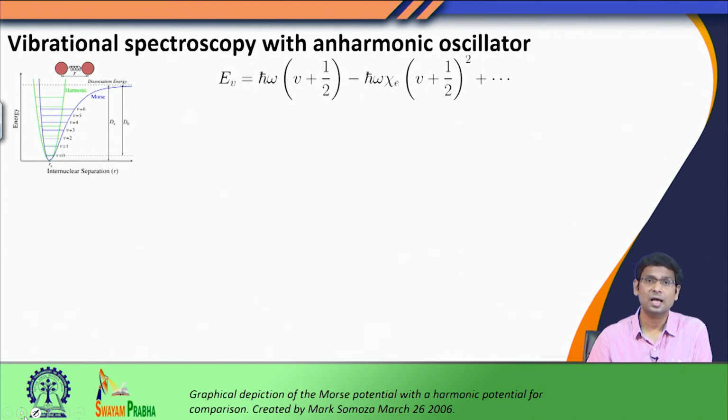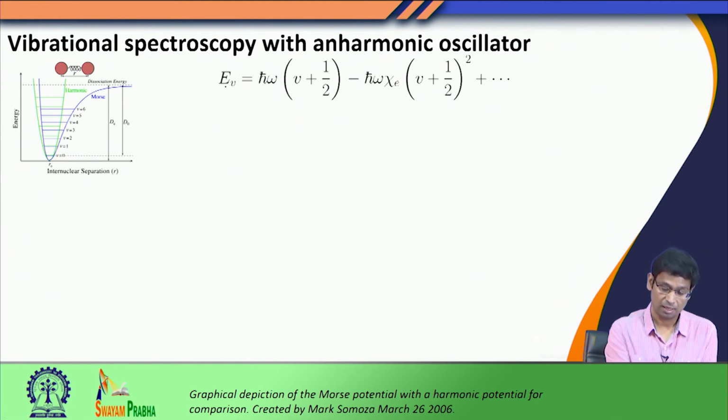Now, we will discuss how we can do vibrational spectroscopy using this anharmonic oscillator. We are considering the general description of this anharmonic energy level. Suppose now E_V, where V can go from 0 onward. Let us write down the energy E_0 when V equals 0.